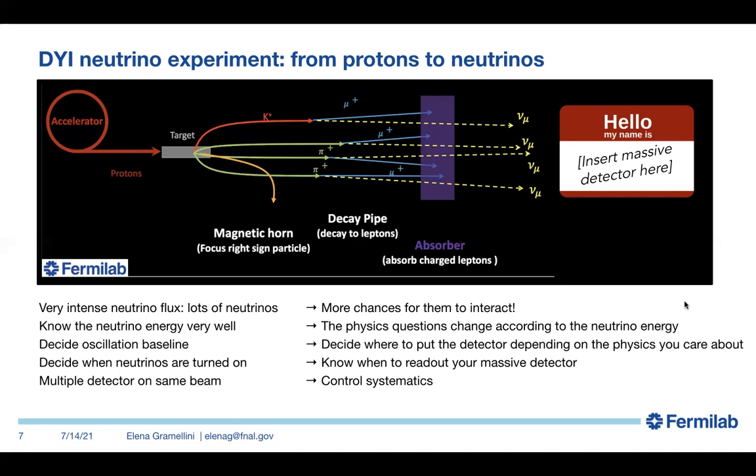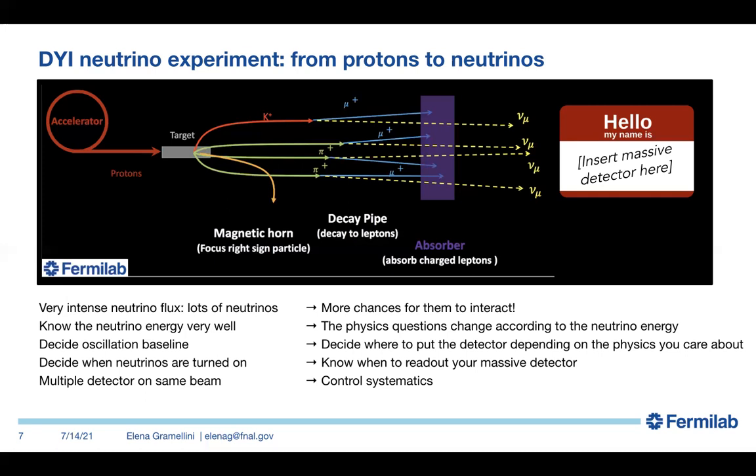In general, again, to do your neutrino experiment on a beam, you need a very intense flux so that you have a lot of neutrinos. This is because your neutrinos don't interact very much, so you need to produce a massive amount. When we talk about how many neutrinos or how big the flux is, we usually talk about protons on target.